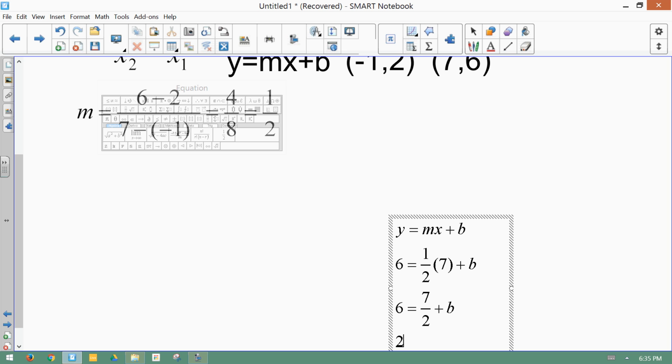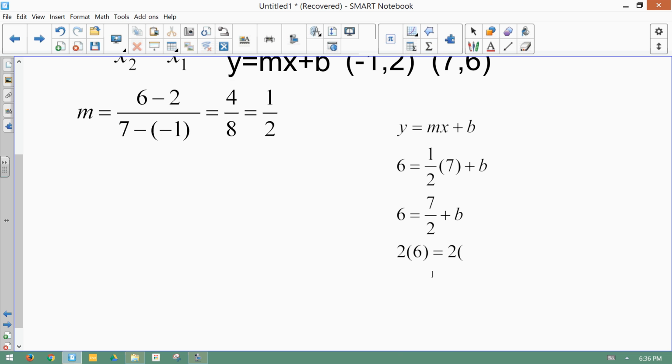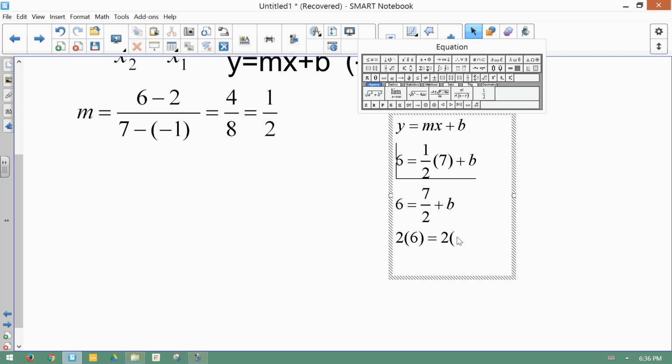So let's multiply 2 times 6 on one side and 2 times 7/2. Let's put that fraction there. Multiply both sides by 2.